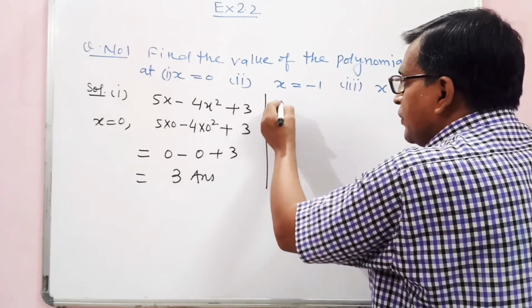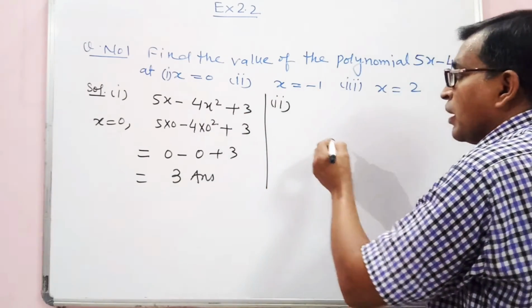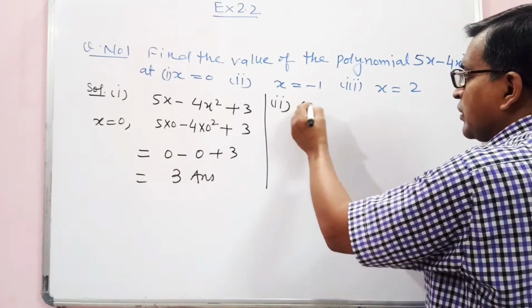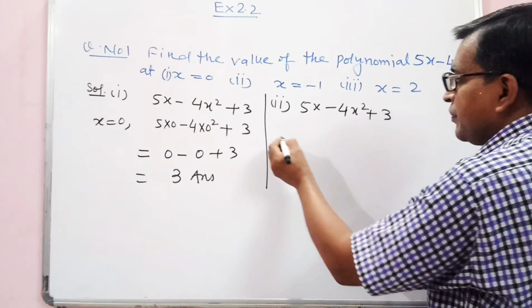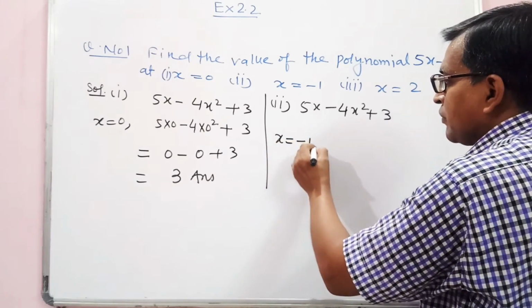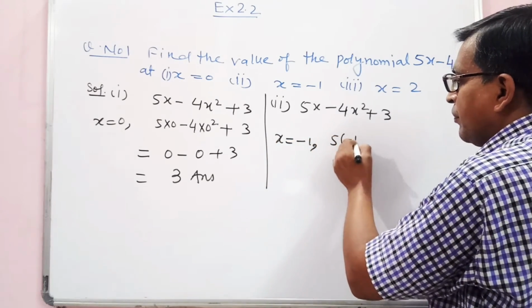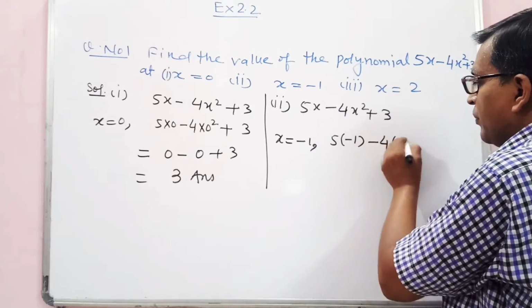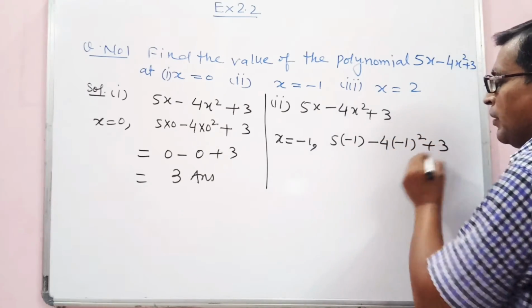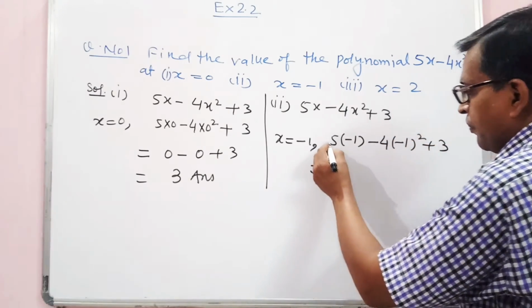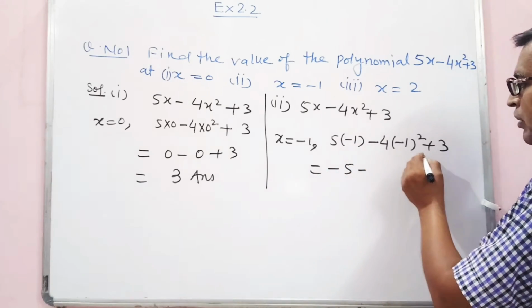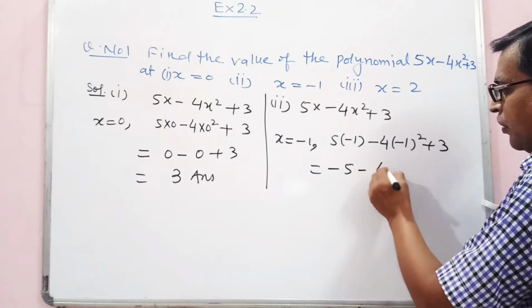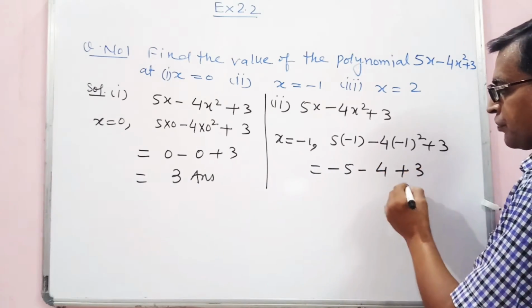Now second part. Again we write the question 5x minus 4x square plus 3. Here you put x equal to minus 1: 5 into minus 1, minus 4 into minus 1 square, plus 3. 5 into minus 1 is minus 5, minus 1 square is 1, 4 into 1 is 4, plus 3.